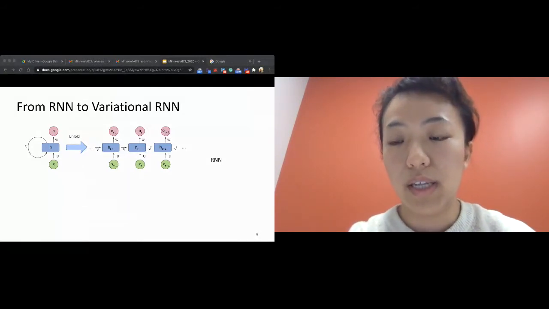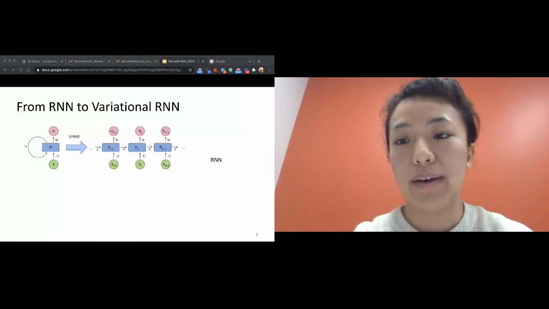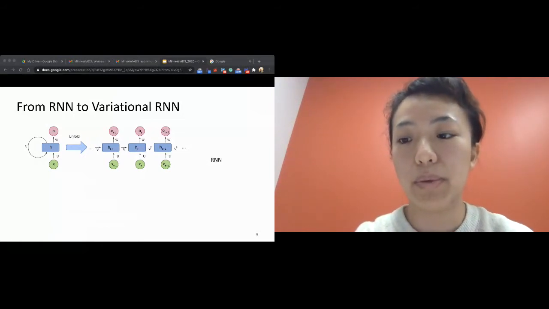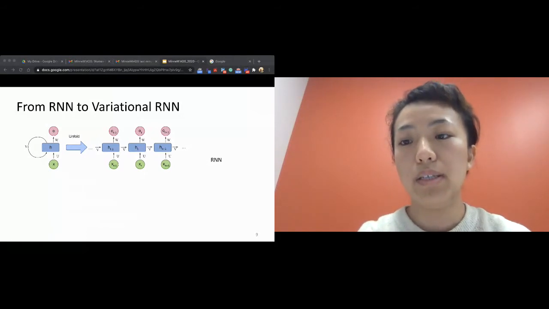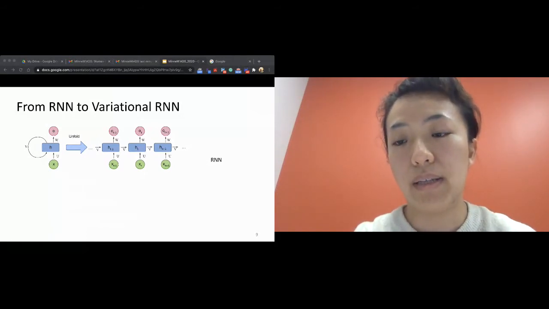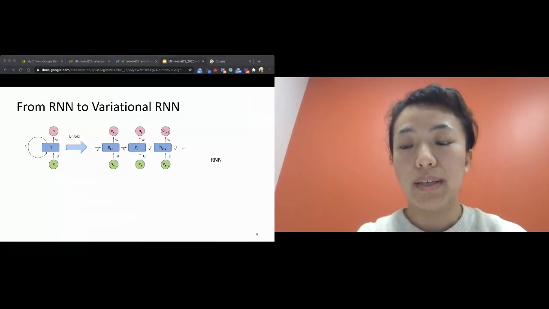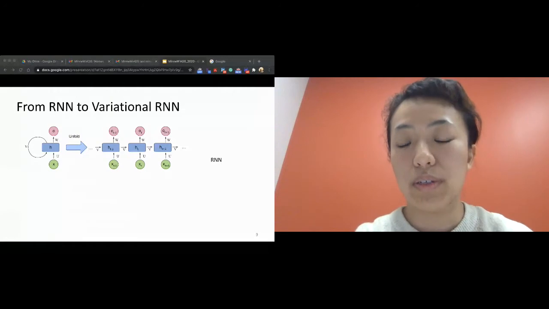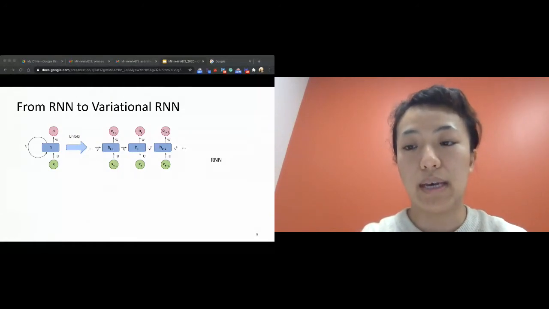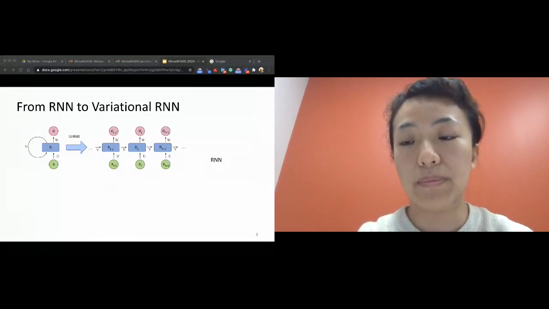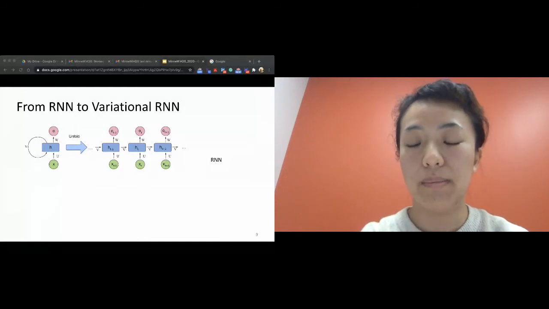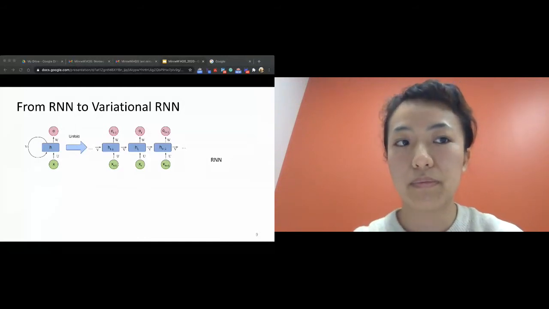In the vanilla recurrent neural network, at each time step, we have an input state, a hidden state, and then the output state. Each hidden state is dependent upon the previous hidden state, and it forms a chain. That's also how a recurrent neural network or its variant, LSTM, can remember many steps from the past.